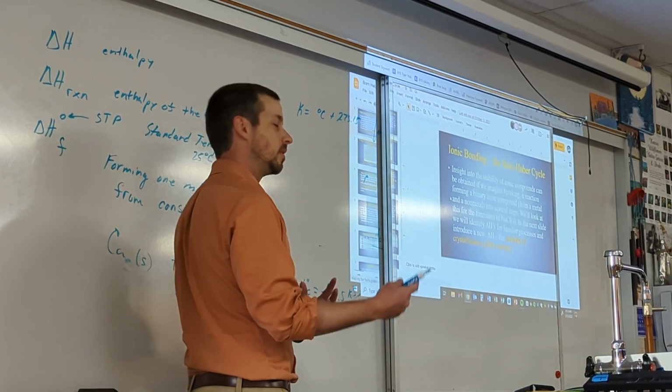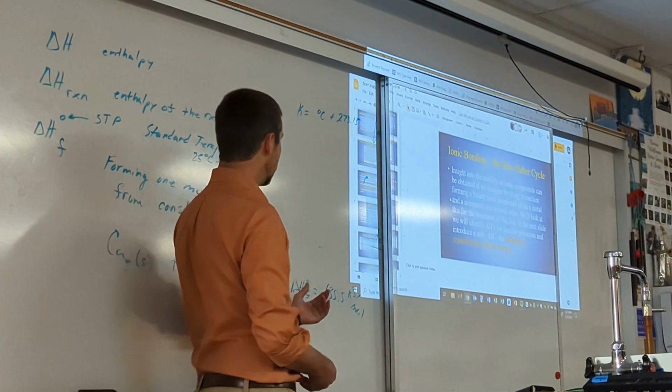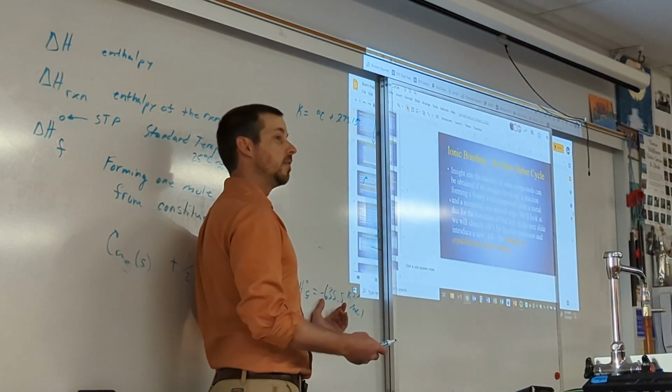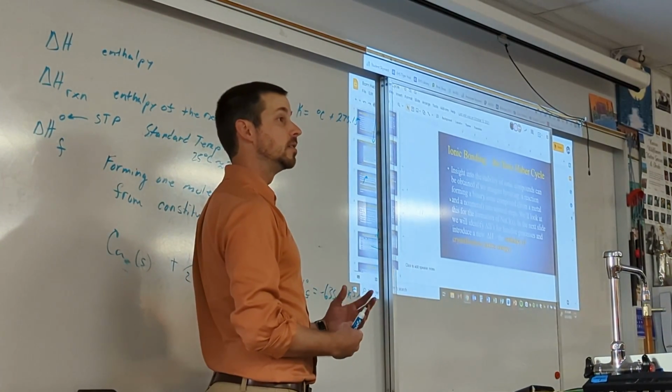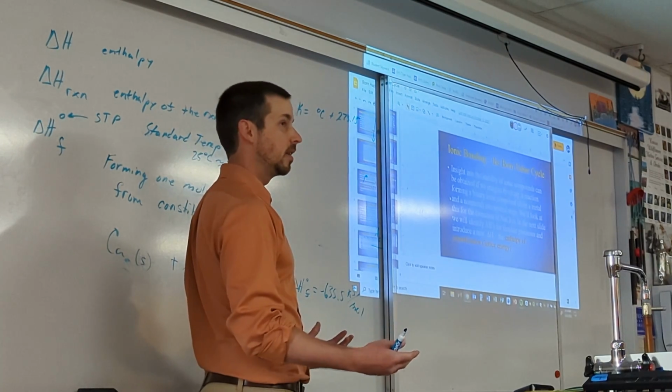So if we wanted to say 2 moles of calcium oxide and then balance the equation, what would we have to do? Double it. So that's part of the mental aspect of this chapter: if I need to do 2 moles, I double my enthalpy. If I need half a mole of that, I need to halve the enthalpy value.